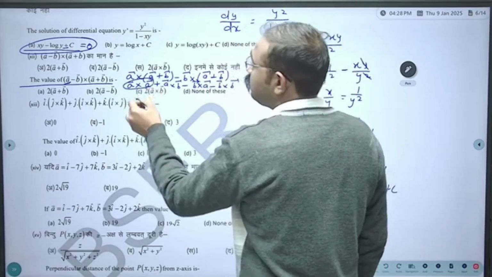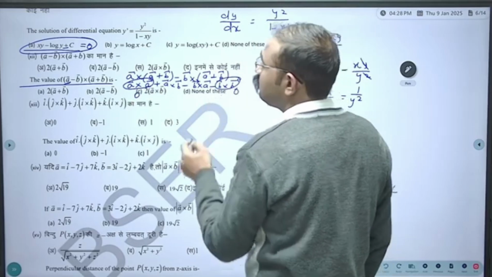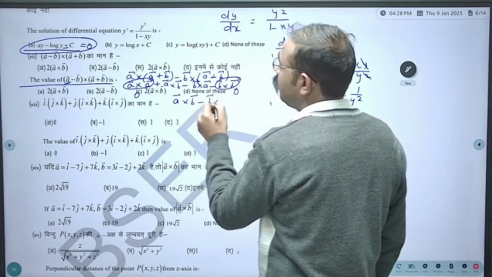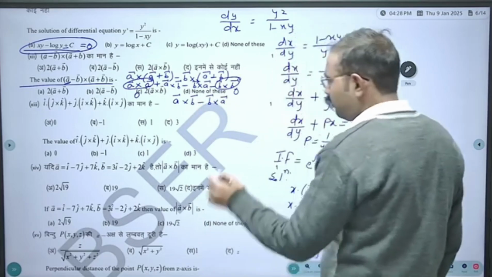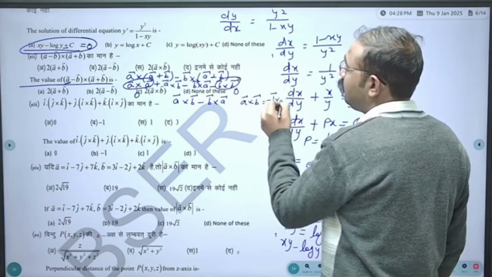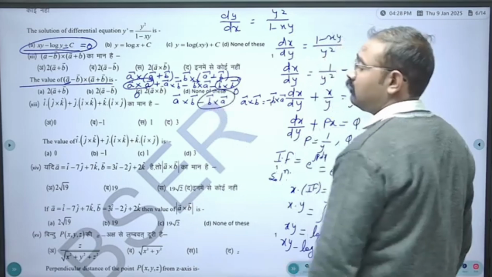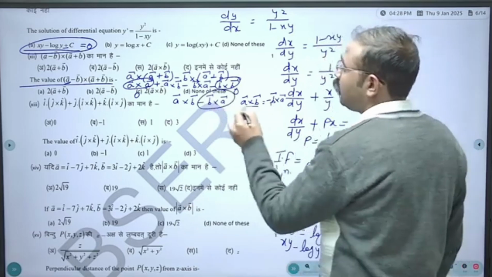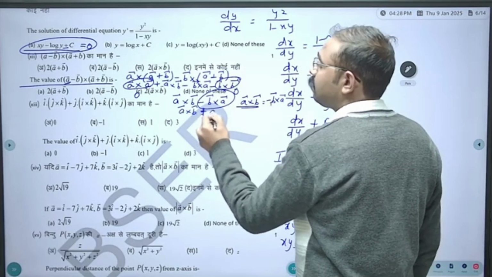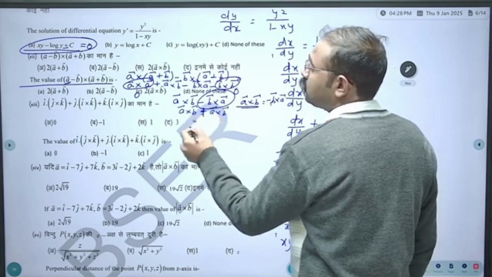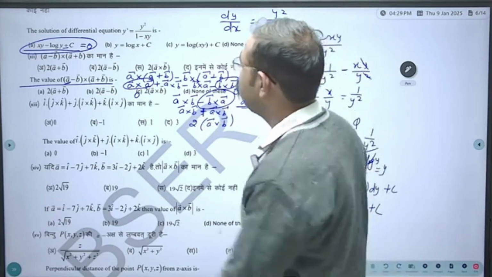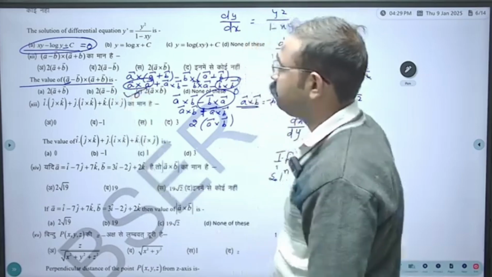The value of a cross a is 0, and the value of b cross b is also 0. Now what is remaining? a cross b minus b cross a. We know that a cross b is equal to minus b cross a. So in place of minus b cross a, we can put a cross b. So it is a cross b plus a cross b, which means 2 times (a cross b). So option C is the correct option.